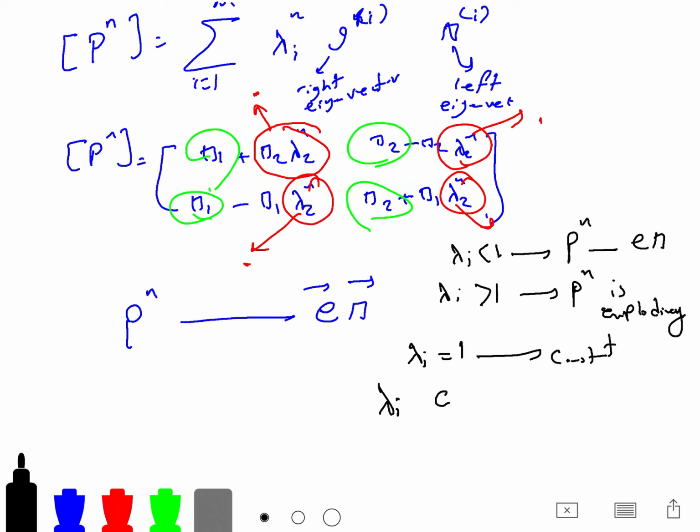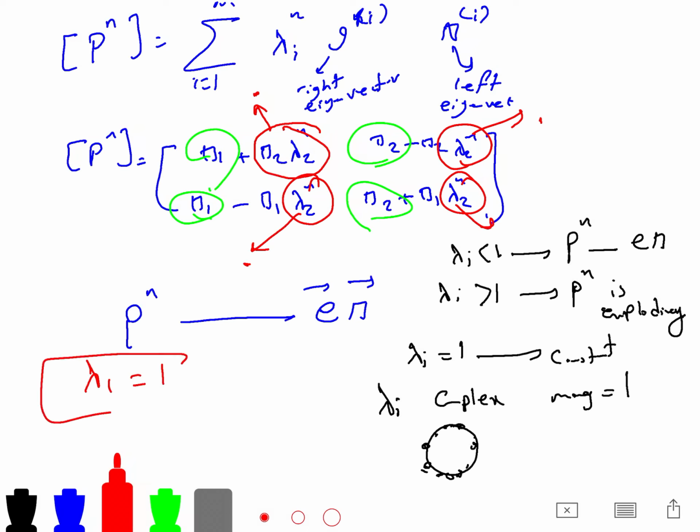If lambda i is complex but the magnitude is 1, it means that you are rotating on a unit circle. We know that lambda 1 is always equal to 1, and this makes P to the n non-zero. These are basic things that everybody should know when talking about at least finite Markov chains.